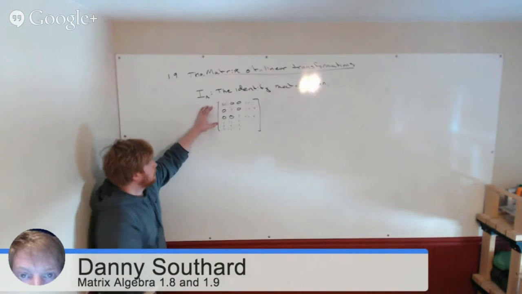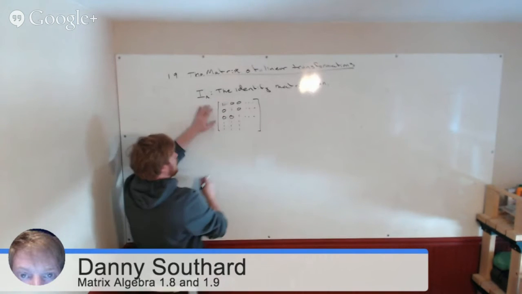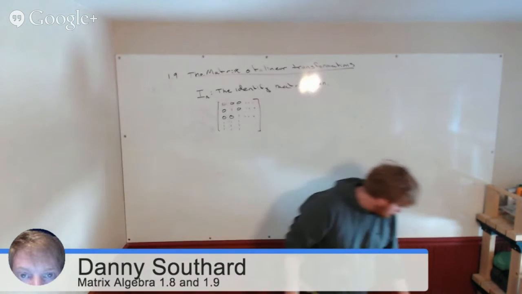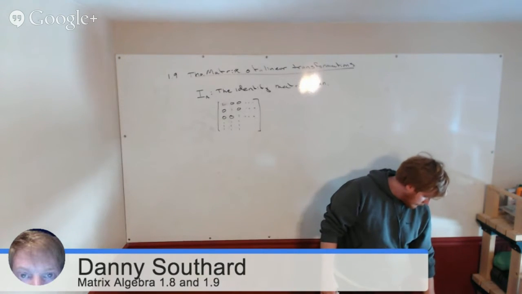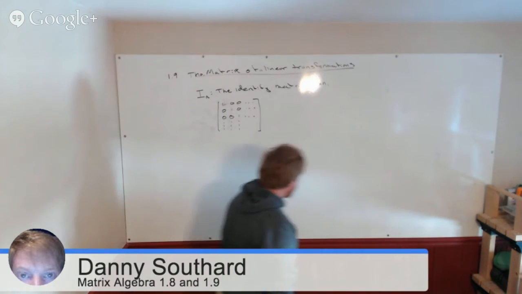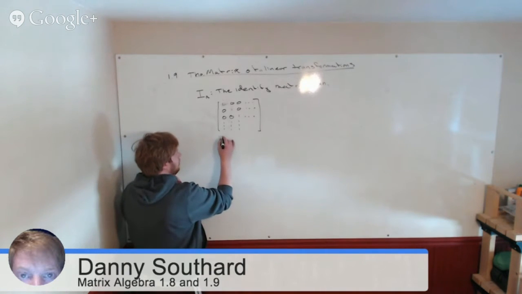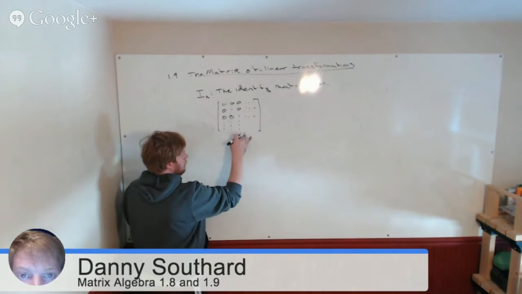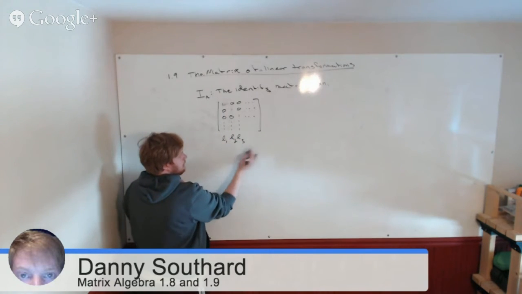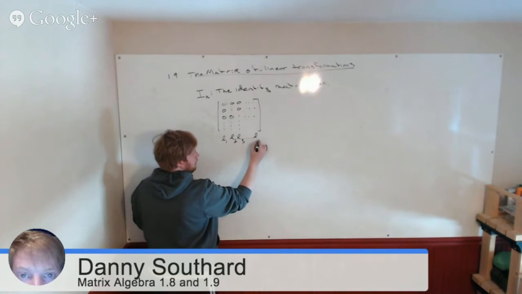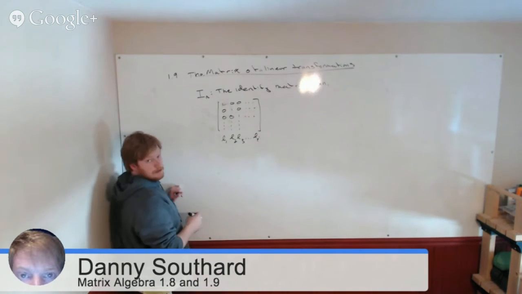So this would be the I3 identity matrix. Every column has a label. These are e's, up to the ith e.